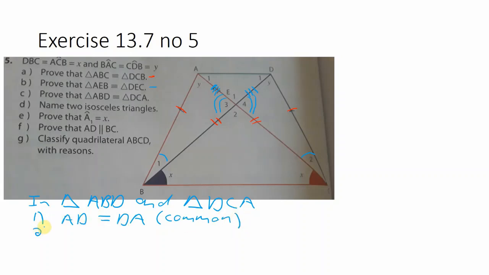Secondly, we know that AB equals DC, that we knew from the first congruency proof. So AB equals DC.